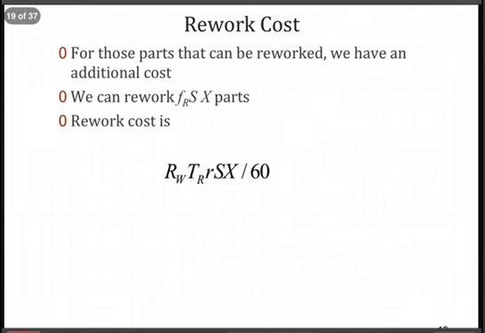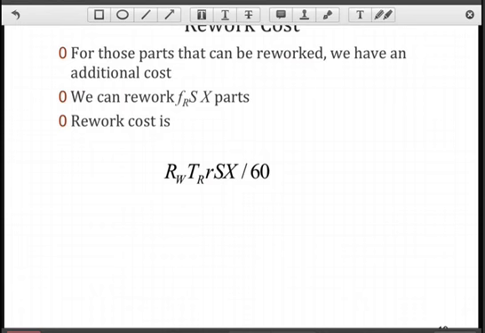Then we have the rework cost. So what happens when we can do rework? For those parts that we can do rework, we'll incur that additional cost. And so we will take our, this should be R here.